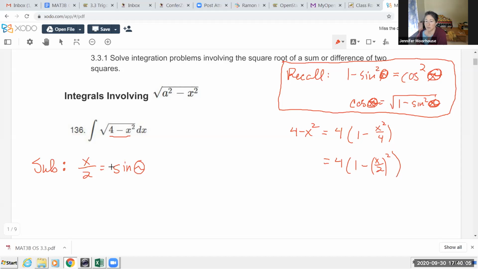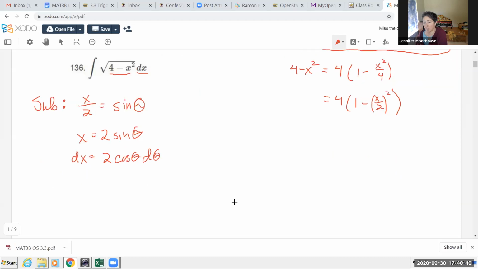If x over 2 is sine theta, that means x is equal to 2 times sine of theta. And then that means the dx in this problem would be equal to 2 times the derivative of sine, which is cos theta, times d theta. Now we make all of those substitutions in our integral.